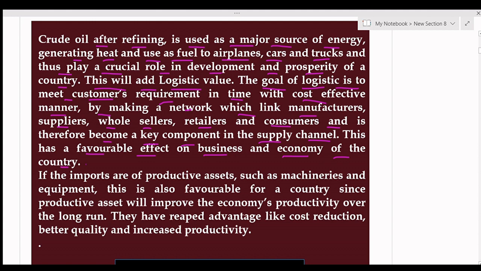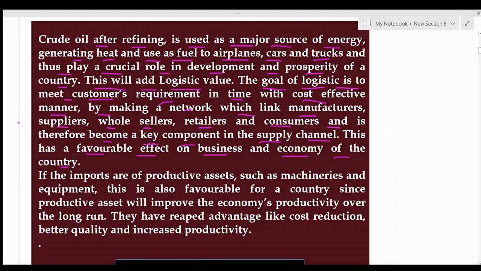For your information, in financial year 2020, the imported volume of crude oil in India was 226.95 million metric ton, and in financial year 2021 it was 196.46 million metric ton.